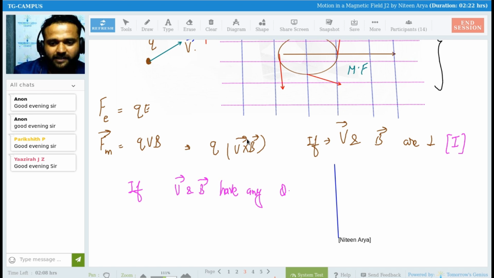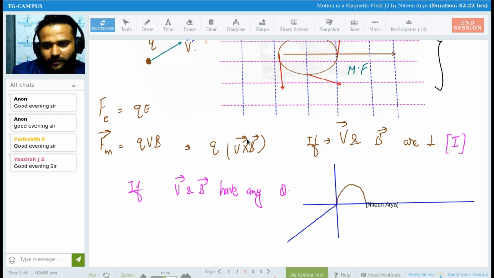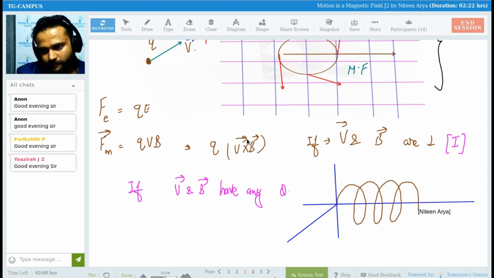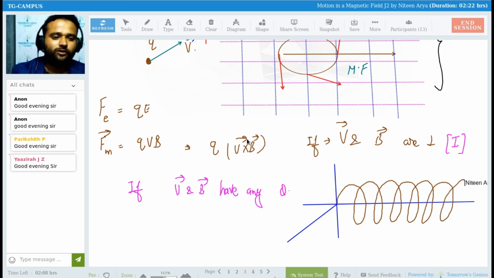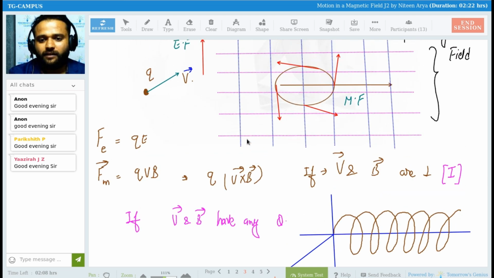A spring-like path, exactly. But when you know these things, why don't you tell me? This is your helical path, a spring-like path.